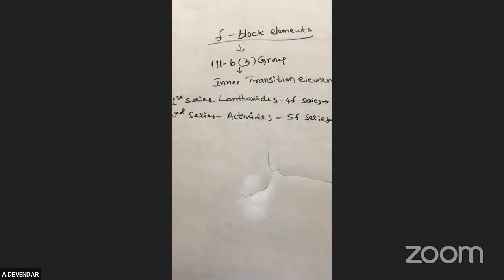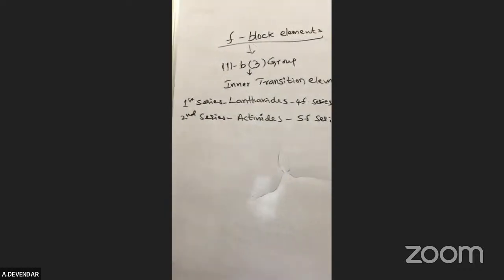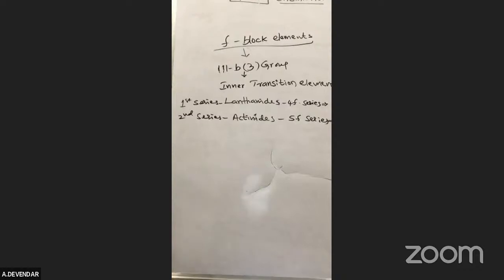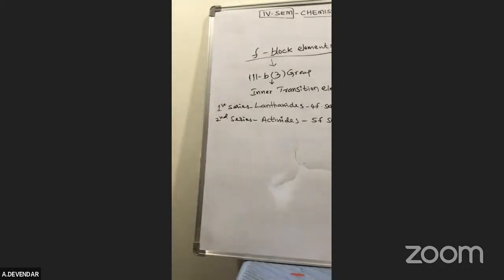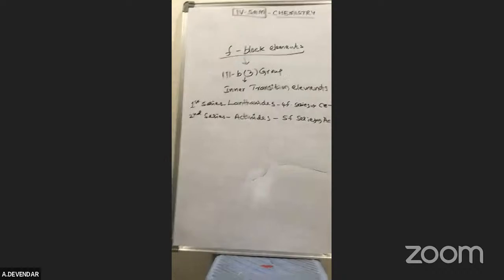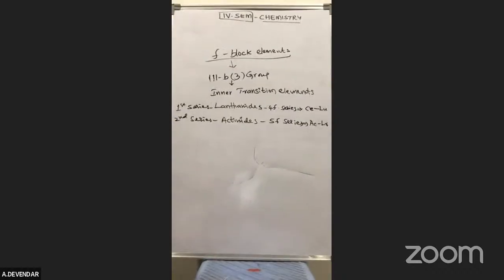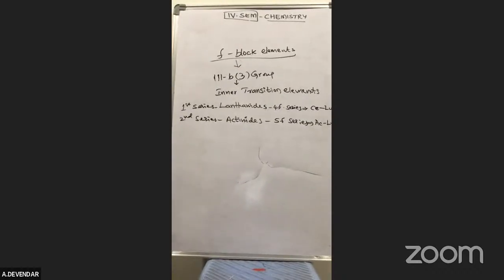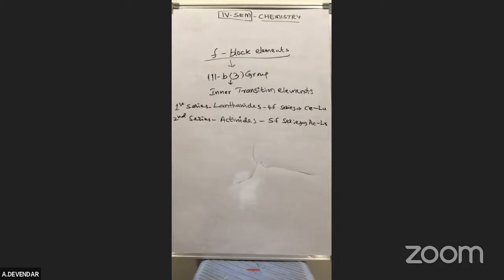Easy to remember: cerium to lutetium and actinium to lawrencium. These are the elements present in them.